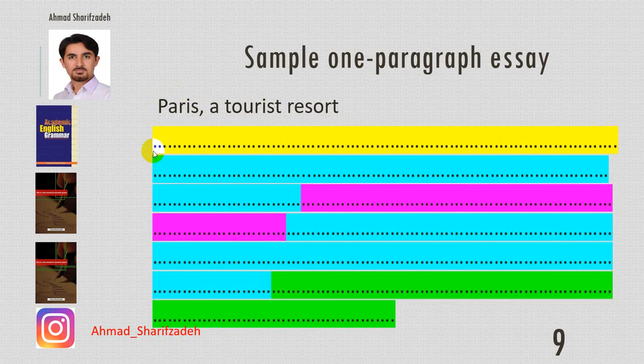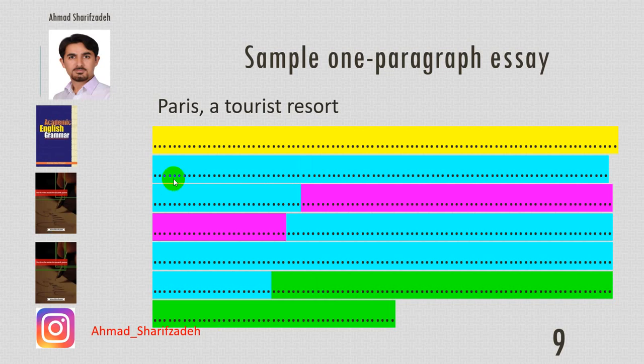For example, you can say that Paris is a good tourist resort or destination, and at the end you can say the same concept again, the same meaning again. For example, you can say that Paris attracted the attention of a large number of people as a tourist destination in the year 2020, for example, 2021, 2022.